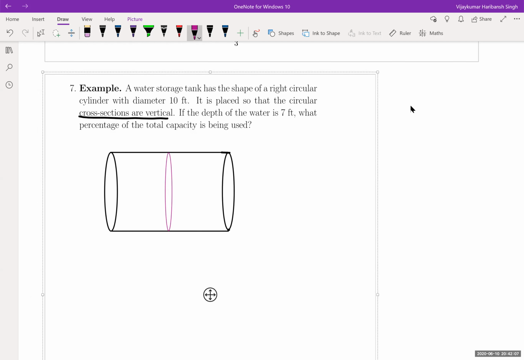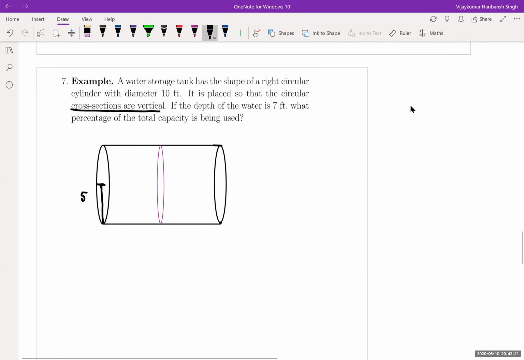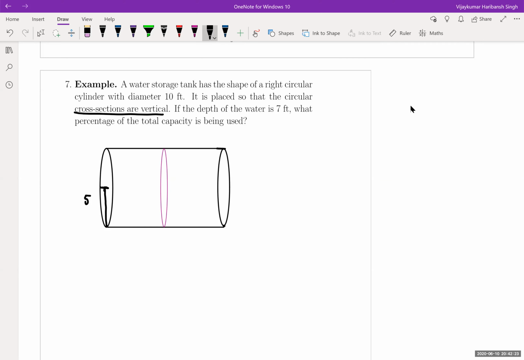Now the diameter is 10, so the radius of this tank is going to be 5. Now, if the depth of the water is 7 feet, what percentage of the total capacity is being used?